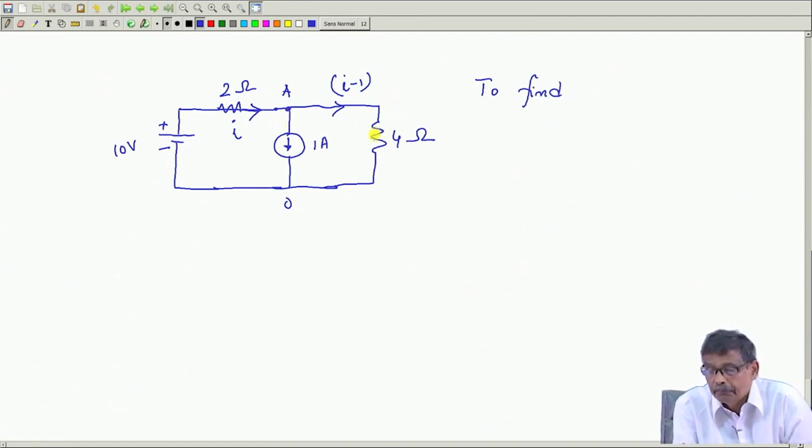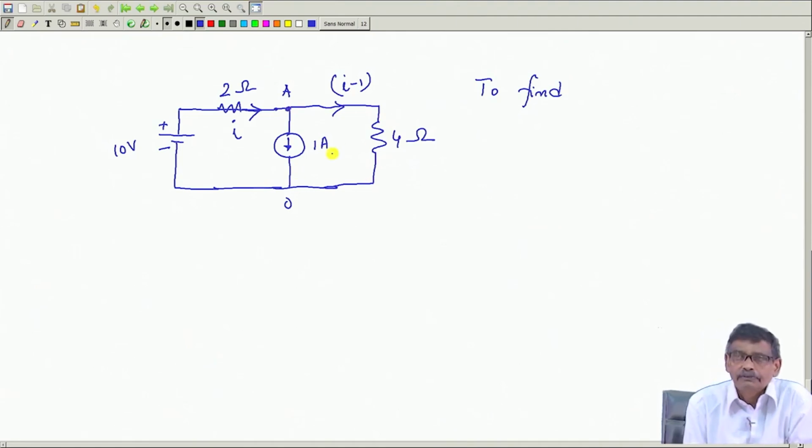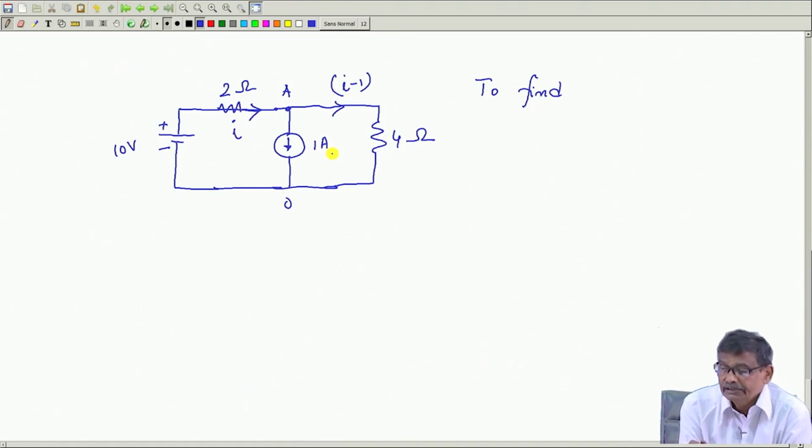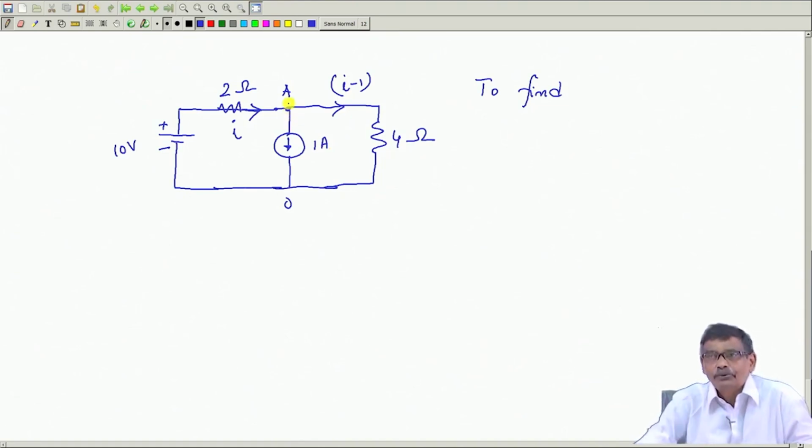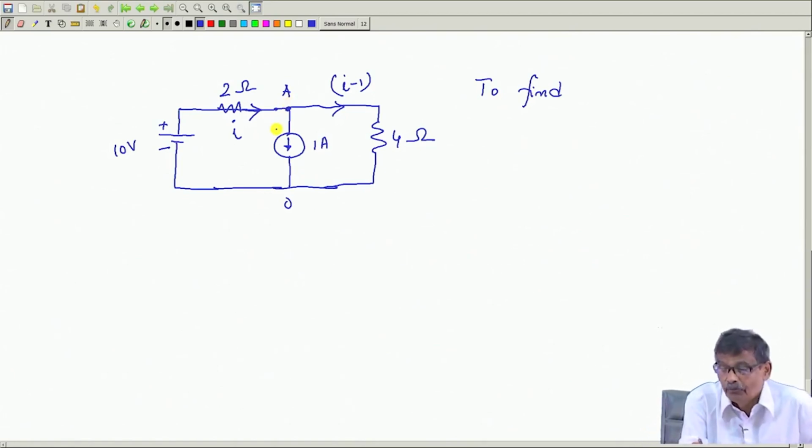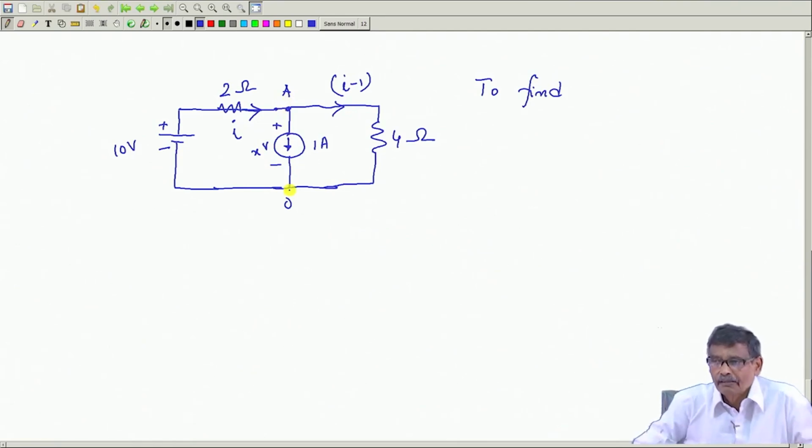Similarly, in this path, this voltage and this voltage must sum up to 0. All things are known. But you see, the voltage across the current source is unknown. Whatever will be the voltage drop across this one, I am not sure. That is another unknown, x volt.